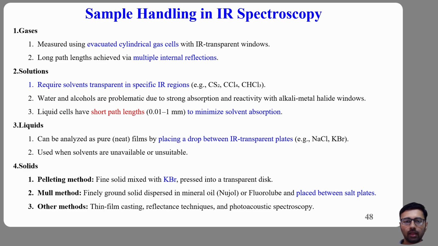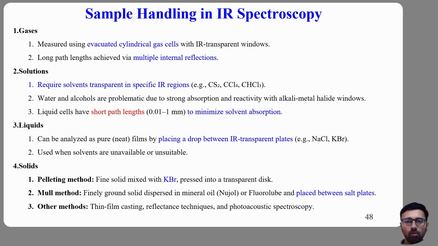Many gas cells use multiple internal reflections. The IR beam bounces back and forth through the gas repeatedly before reaching the detector. This dramatically increases the interaction between light and molecules. Remember the Beer-Lambert law? Absorbance increases with path length. Longer path lengths mean a stronger absorption signal.